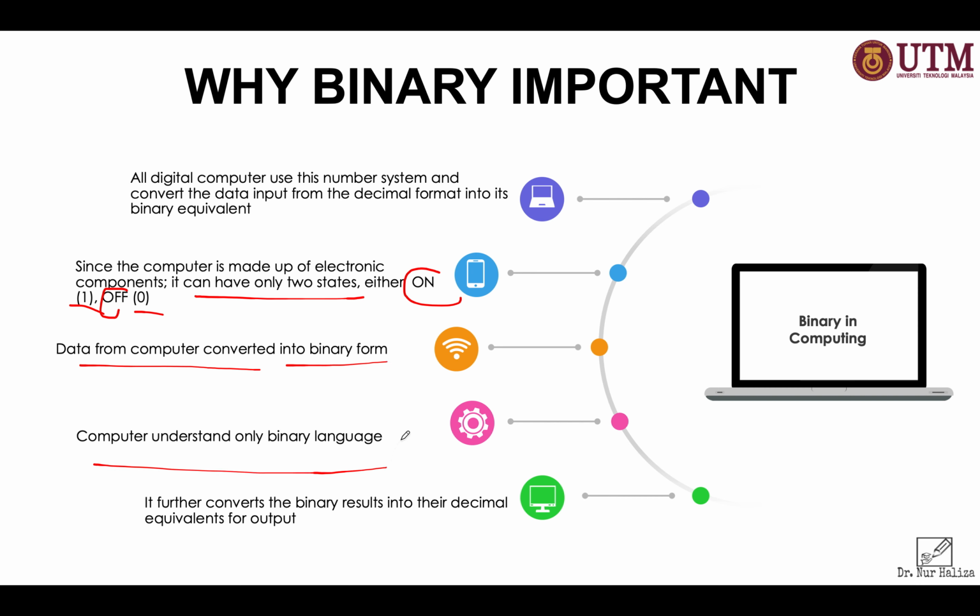A computer understands only binary language, which is a digital computer. And then the most important thing you need to know is further conversion, because if let's say your output is 1010, you will have difficulty understanding what it is about. So that's why after your computer processes the binary form, there will be output in decimal itself.